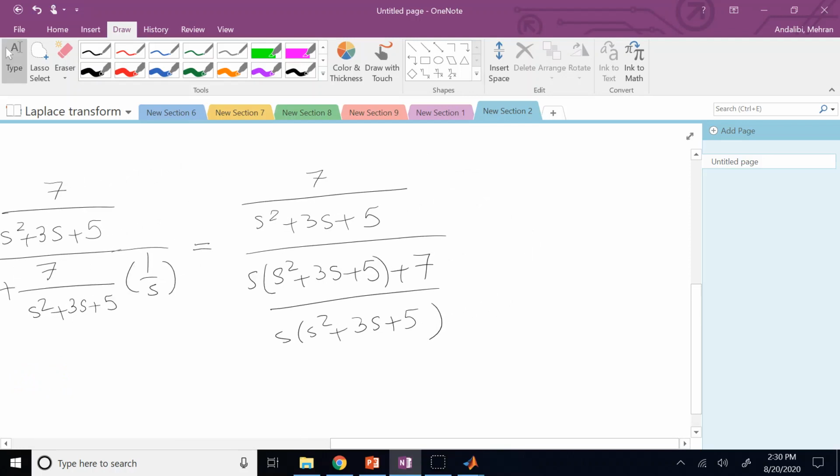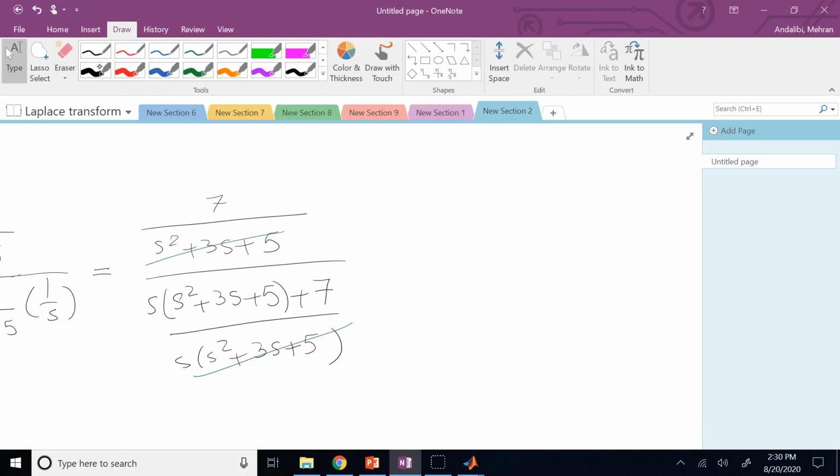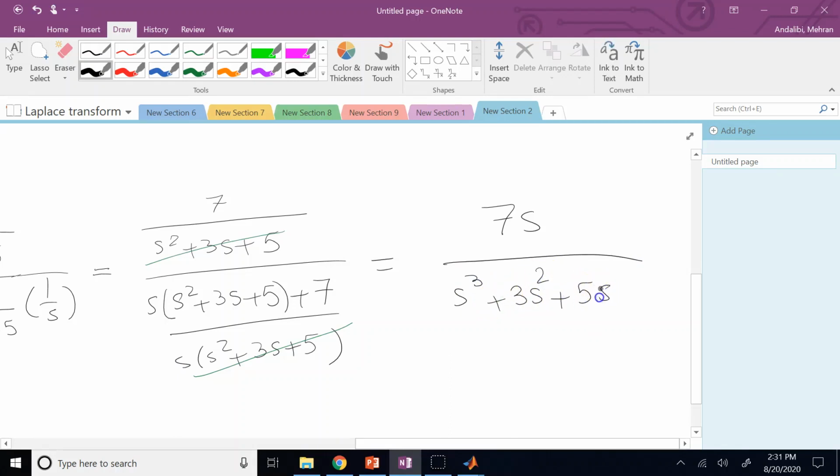When you simplify, you will get 7s, this s goes up, and here you get s cubed plus 3s squared plus 5s plus 7.